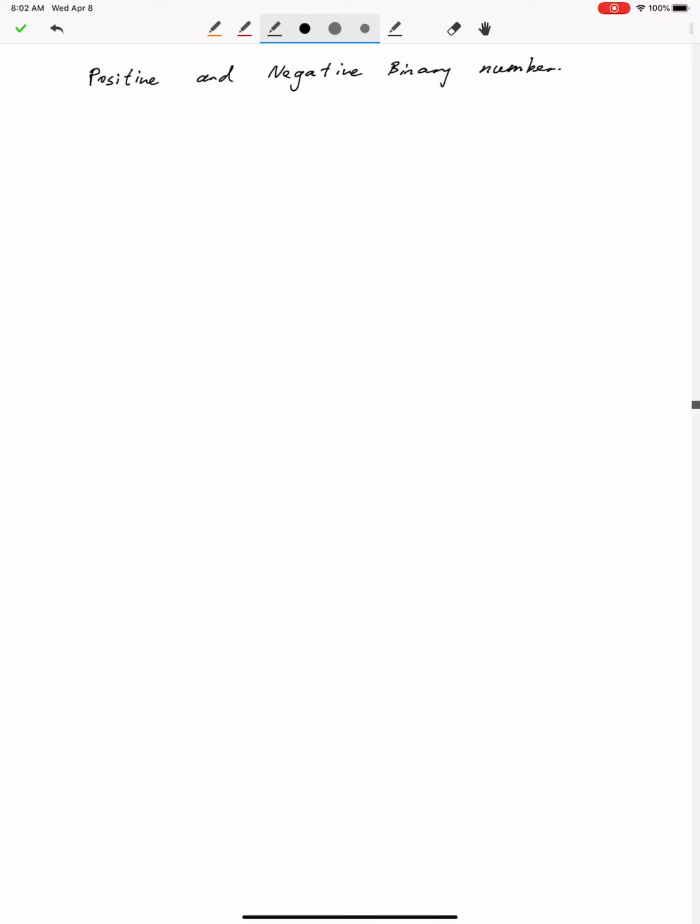We mentioned that to represent a positive binary number, we have a few steps to follow, right? The first one is we write the unsigned binary number.